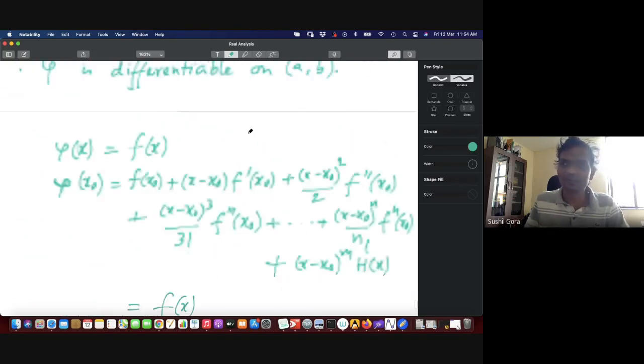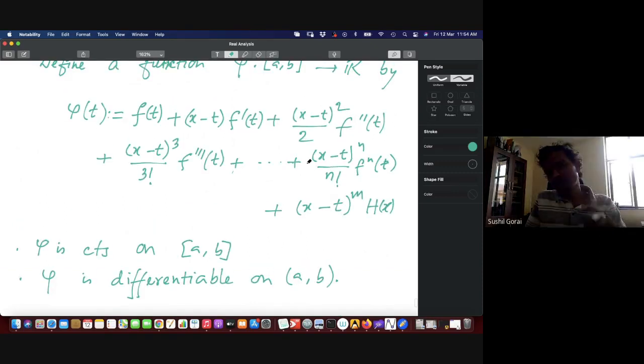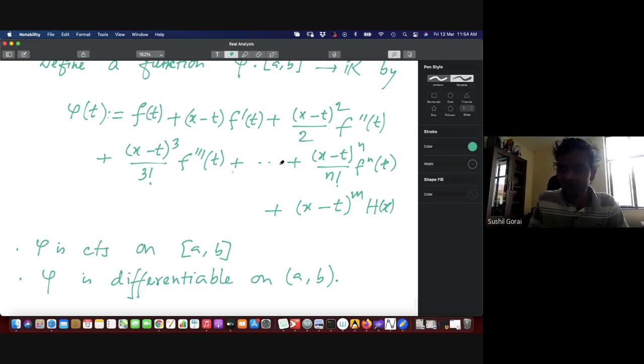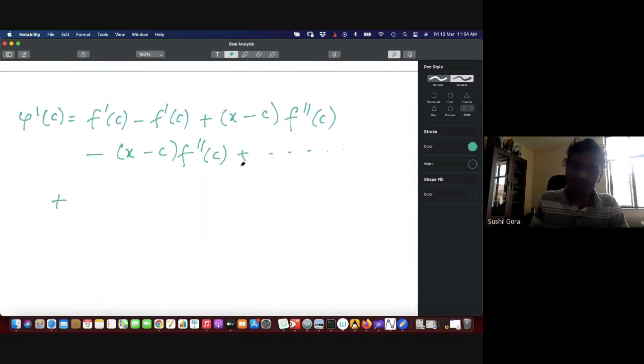Plus, let us look at the last part here. Well, there is the previous term also we need to look at, which is (x minus t) to the power n minus 1, so (x minus c) to the power n minus 1 f n c by factorial n minus 1.